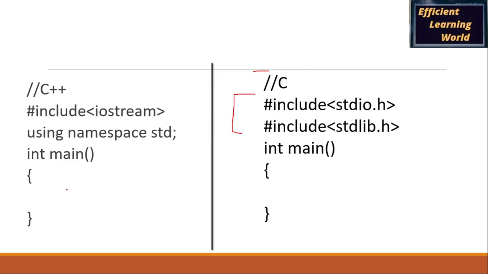Whatever code I explain, you just have to write in the main function, and if you are using C, you just write my code in the main function and it will work fine. The remaining things, like the main function and the header file, will remain the same.